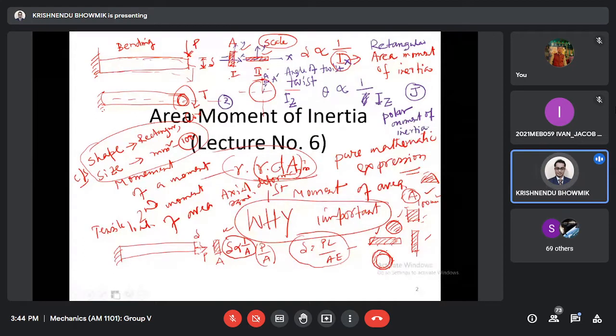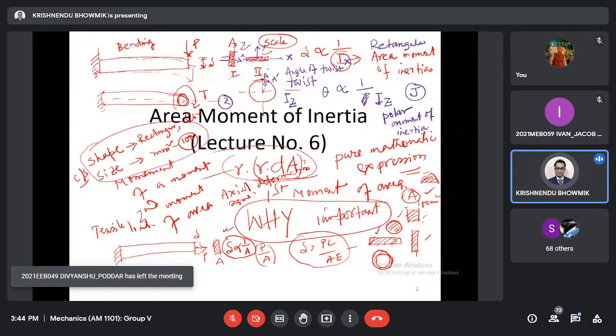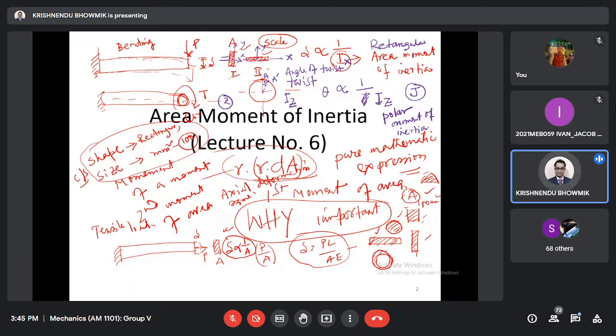So what I want to say is, for an axial member, cross section A is enough, and for different shapes of cross section, if the size is the same, then deflection will be the same. For the bending case, it depends not on area but on the rectangular moment of inertia. For the torque problem, it is the polar moment of inertia, inversely proportional.